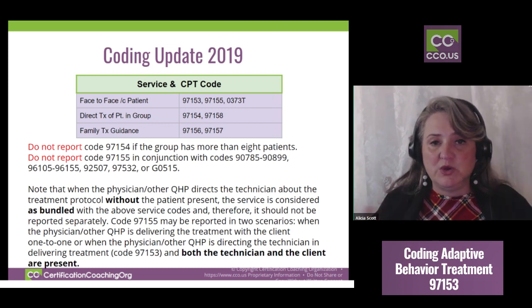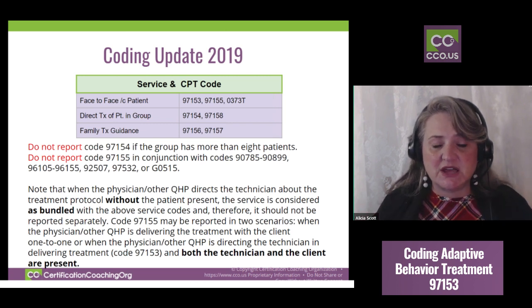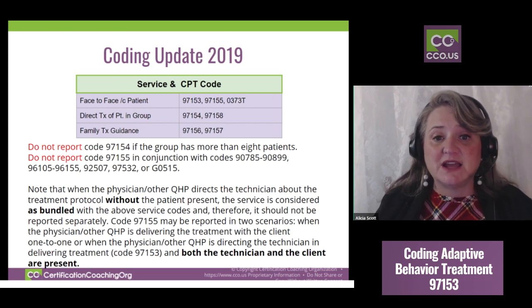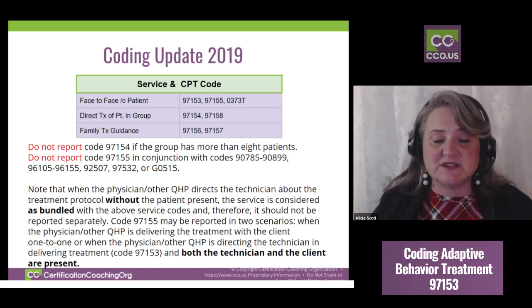So when you see that though, and this is in the codes, it'll tell you, do not code with 97154 more than 8 patients. And we mentioned that previously on the slide.